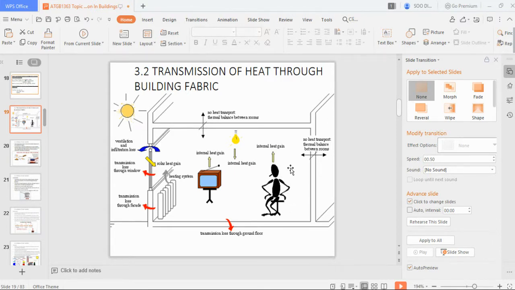Although our body itself generates heat, if we were in a cold environment, it will never be enough. In winter overseas, in Malaysia you don't encounter this sort of problem, but overseas where they have 4 seasons, when it goes to winter and they have snow, the temperature outside is very cold, close to below 0 degrees.